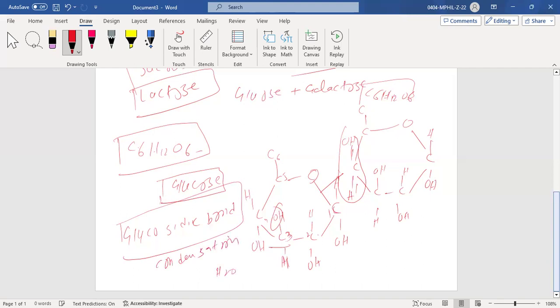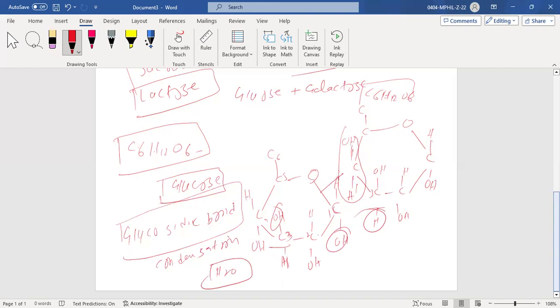Water. It means one of the monomers will give you a hydroxyl group, and from the other side you will get hydrogen, right? They will detach from there, they will form a water molecule, and here you will get a bond which is formed between the two carbon atoms, right? So that is what we call a glycosidic bond.